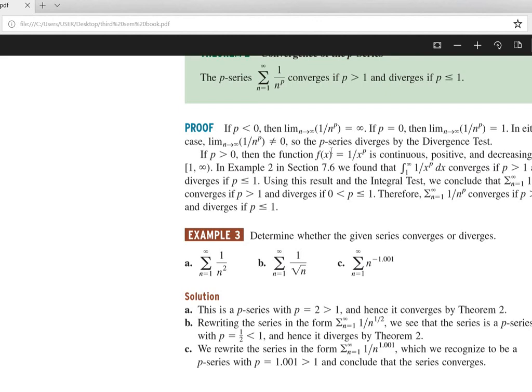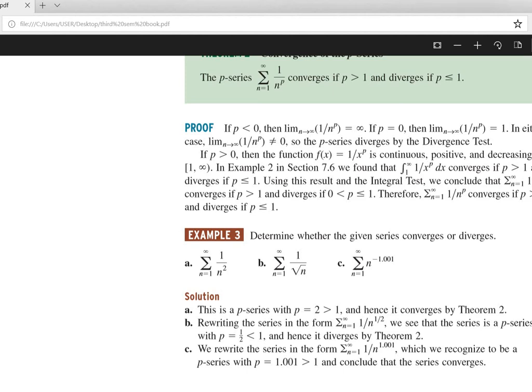If p is less than 1 or p equal to 1, this does not exist actually. When p equal to 1, what happens? The integral of 1 by x dx.